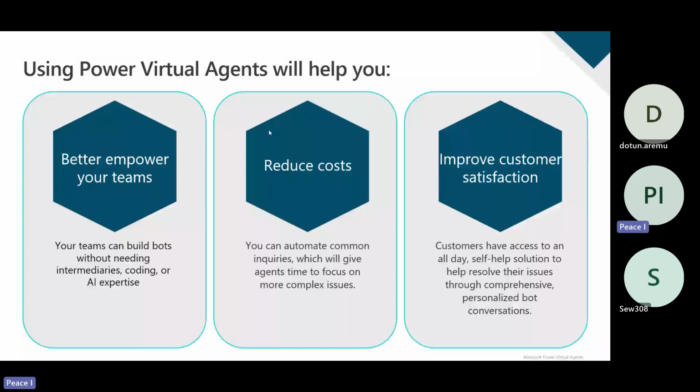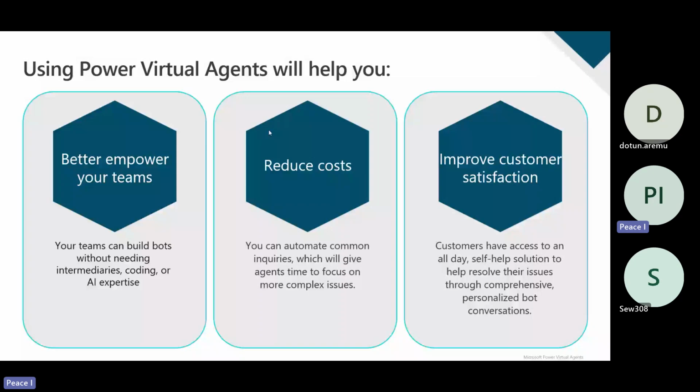You can also connect, I'm sure you've had the Power Automate class, so you can connect your chatbot to Power Automate. So for instance, the user is asking for specific information. Maybe you need to go into a DB to pull out some information. You can actually do that with your Power Virtual Agent.